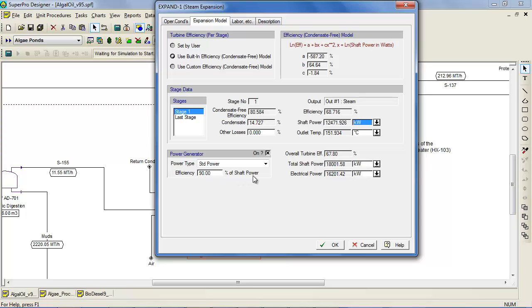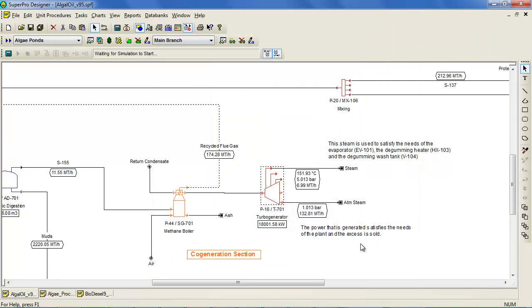In this example, the turbo generator creates 16,200 kilowatts of electrical power, which exceeds the 14,500 kilowatt demand from the process. The excess electricity produced by this process may be sold to another company or a utility.